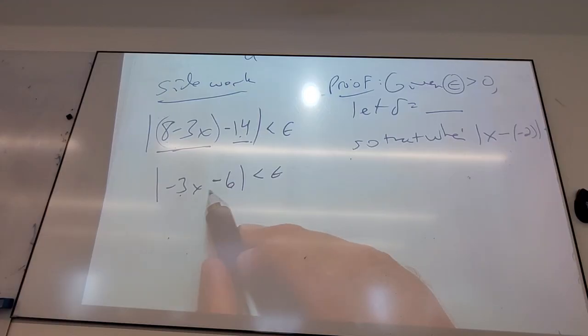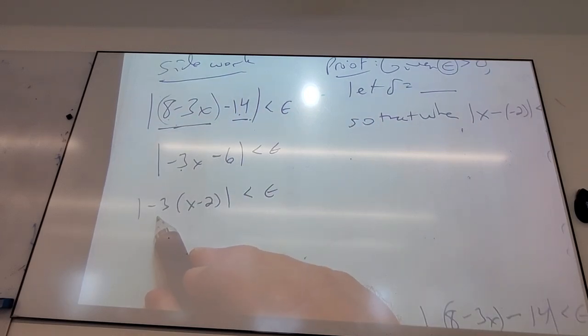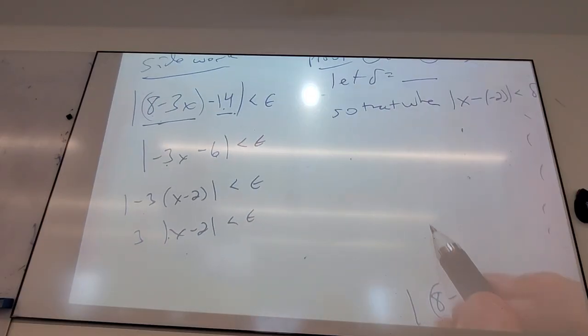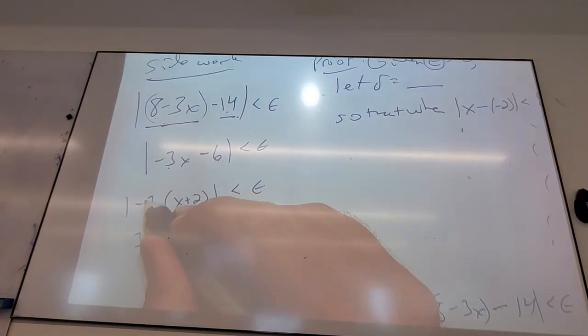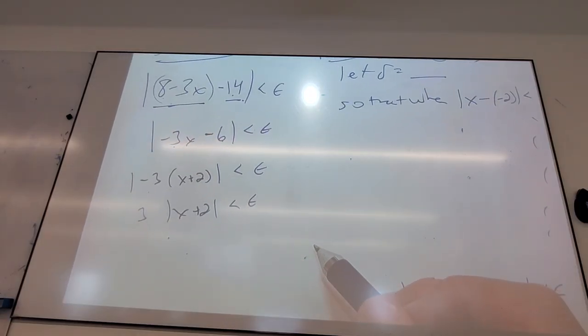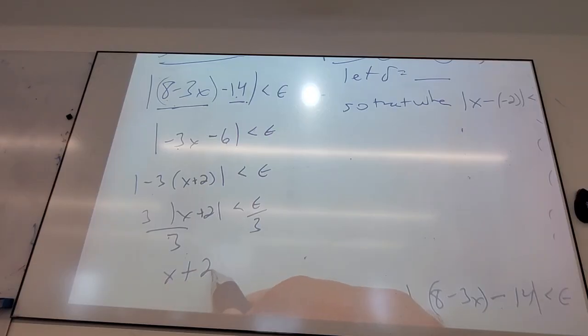Can you factor something out of here? Negative 3. What's the absolute value of negative 3? 3. What's the absolute value of x minus 2? Oh, sorry, it should be x plus 2 because I factored a negative out. You guys with me? Then I can divide by 3. Now, look, this is really trippy.